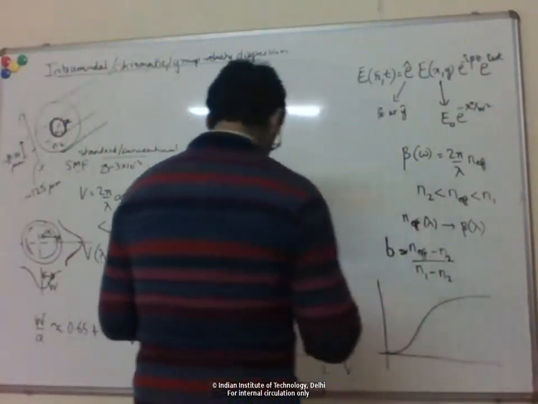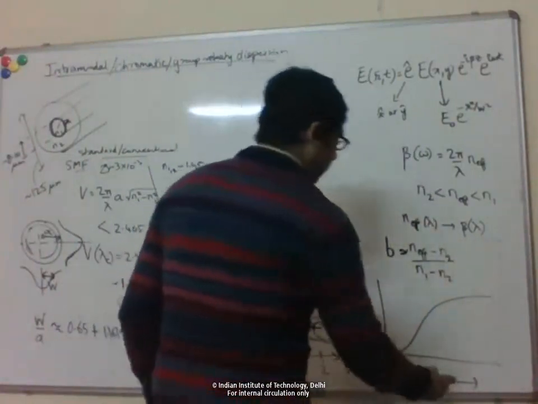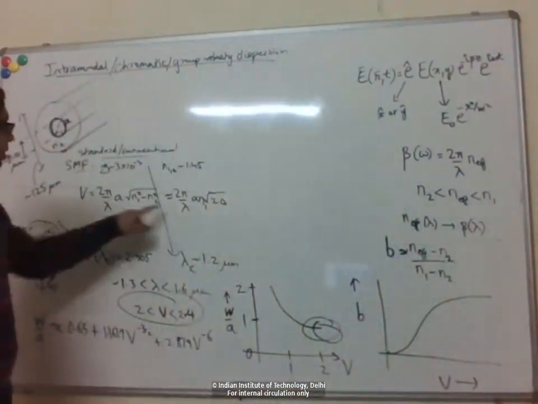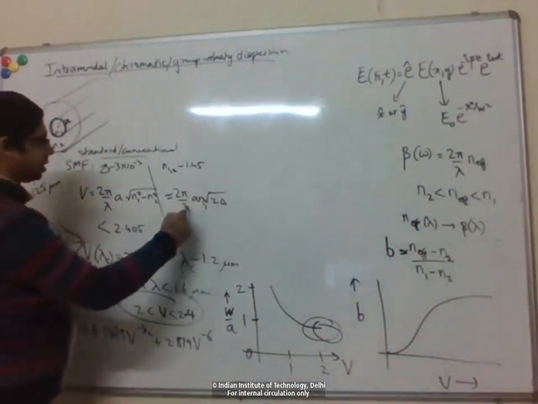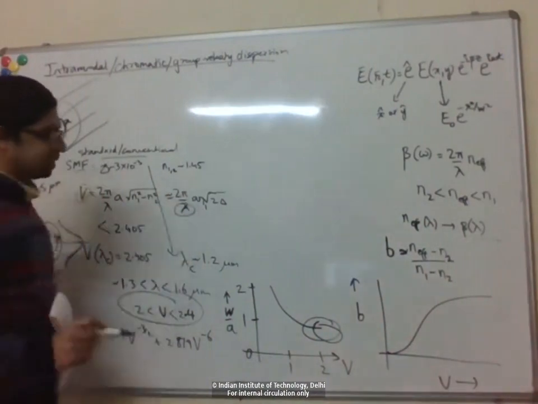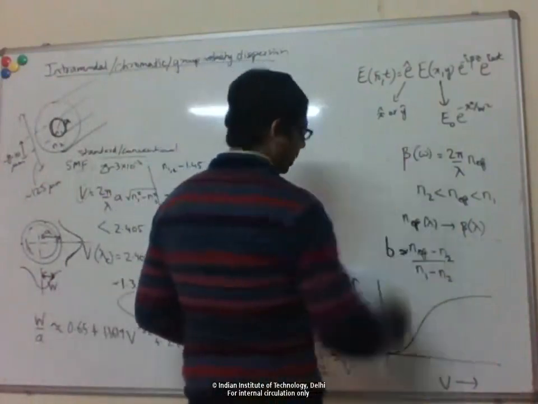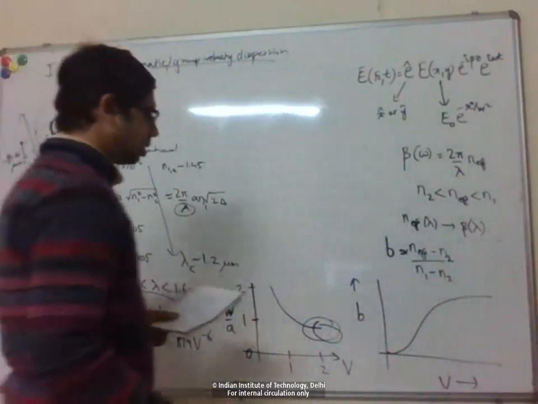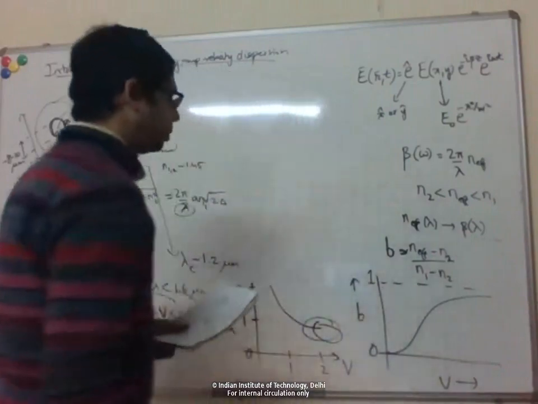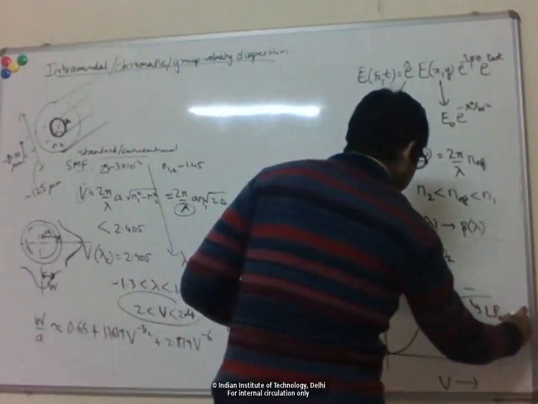This axis is V, and you can think of V as something like frequency or wavelength, because for a given fiber all the other parameters are fixed, so V depends inversely on wavelength or directly on frequency. And B is the solution to the wave equation, the normalized propagation constant, so it lies between 0 and 1. This is for the fundamental LP01 mode for the single mode fiber.